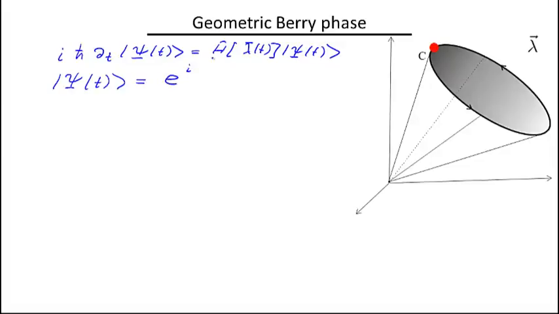Because the total number of particles is conserved, I cannot have any coefficient whose absolute value is larger than 1, because it would imply that the probability to find the particle in this instantaneous ground state is larger than 1, and that doesn't make any sense. I also require that, within my approximation, there are no transitions, so the particle remains in the ground state.